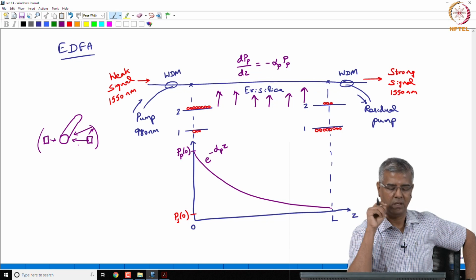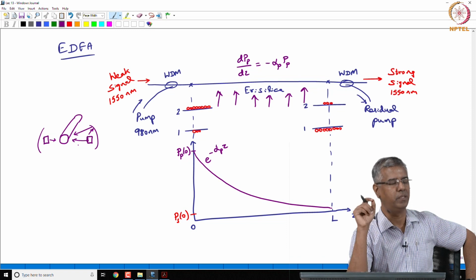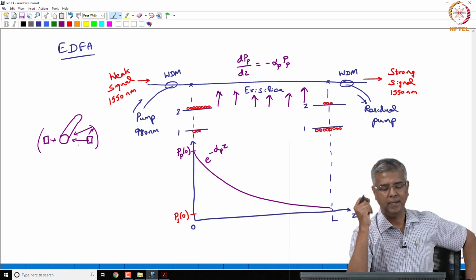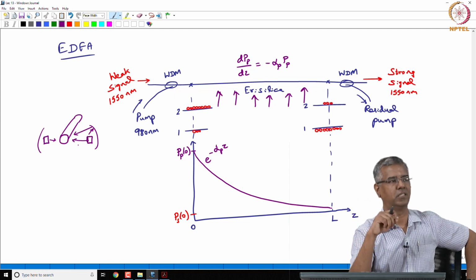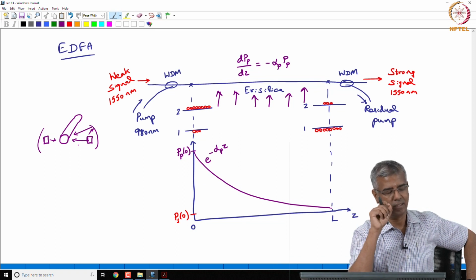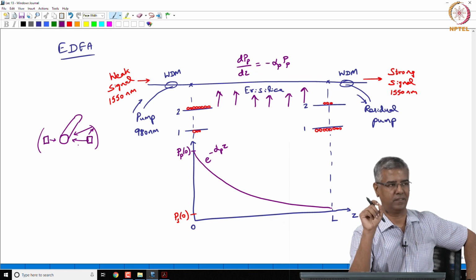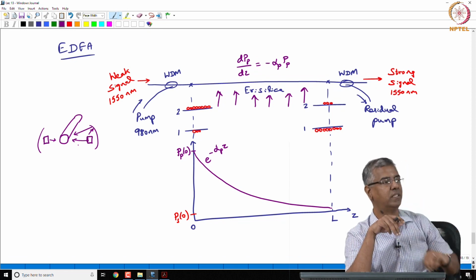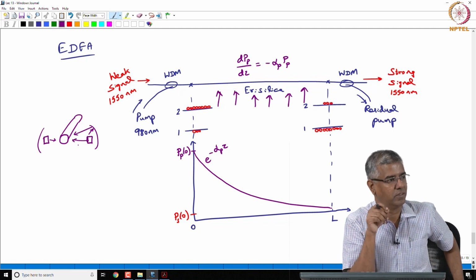And when you consider what type of source you will use, you will find that you are typically using a semiconductor laser diode, okay. And in the next few weeks, we will actually go into the details of the construction of a semiconductor laser diode. And what you will find is that the aperture from which light is emitted in a semiconductor laser diode is on the order of a few microns.